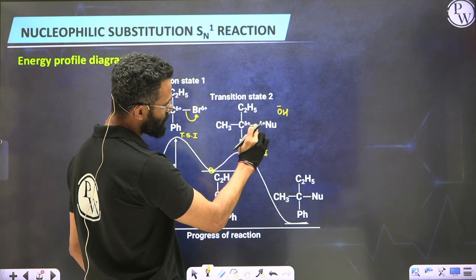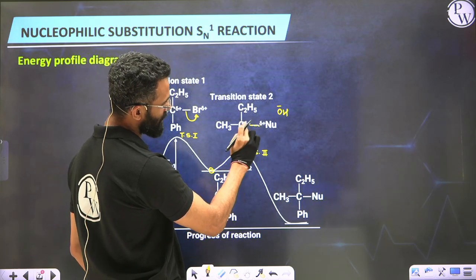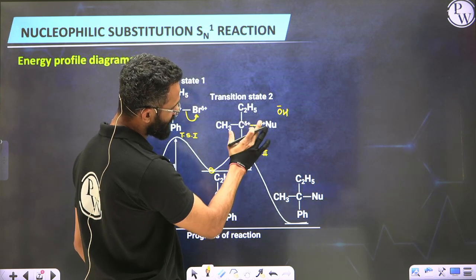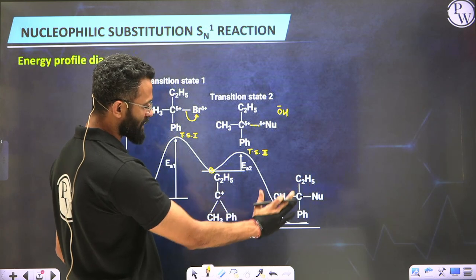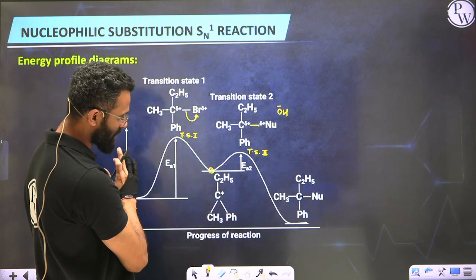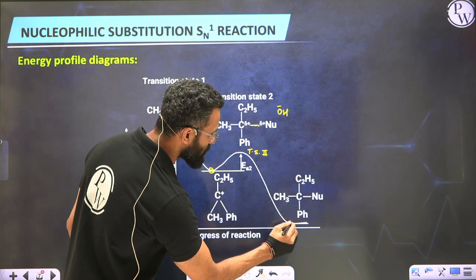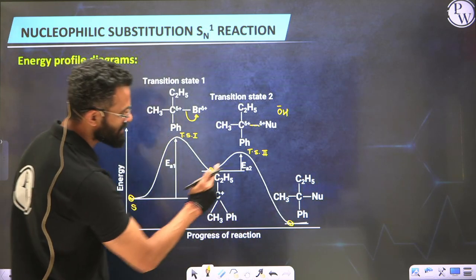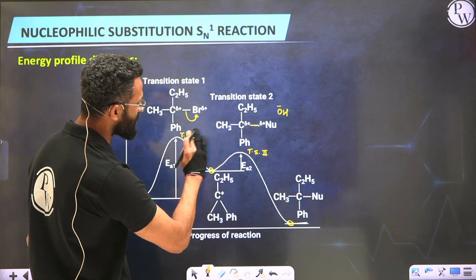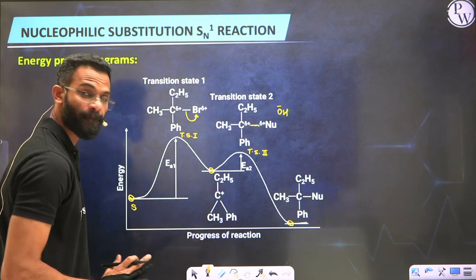But once this bond permanently forms, carbon becomes tetravalent again and forms a stable product. Because in nucleophilic substitution reactions, products are more stable than reactants, the energy of the product is lesser than that of the reactant. Hence, you will get only 2 humps corresponding to 2 transition states.